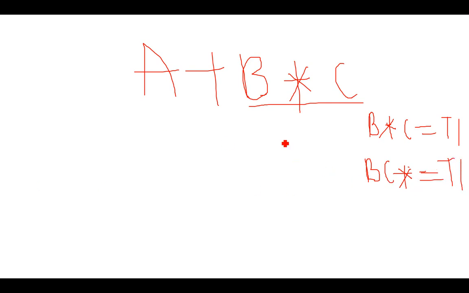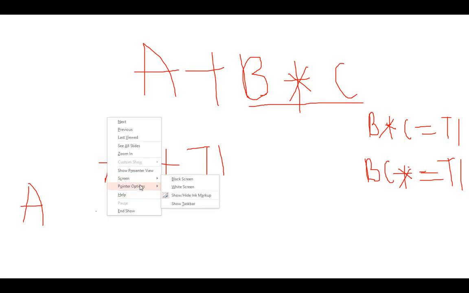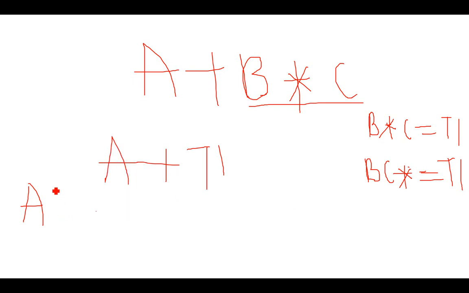Now replace this T1 in the expression in the above example. So I'll say A plus T1. Now convert this A plus T1 into the postfix notation, that is A T1 plus.